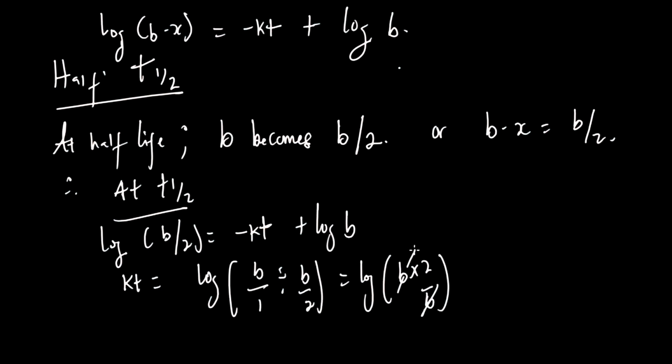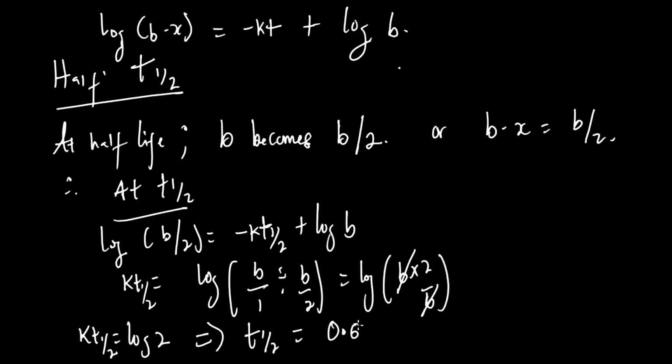So this cancels this. So we have that kt equals log 2. Therefore, this is the half-life, t1/2 equals 0.693 over k. So this is the half-life of a first order reaction.